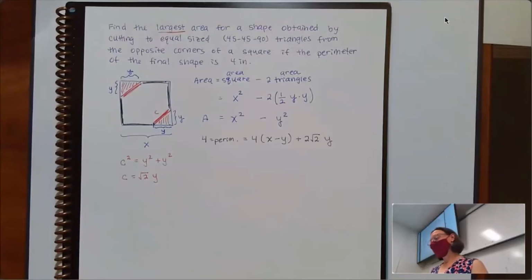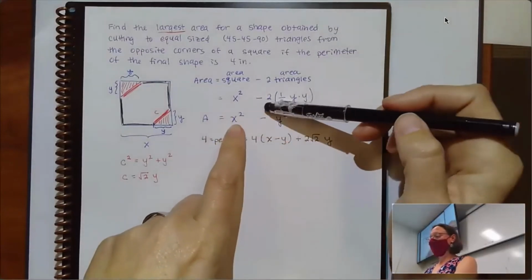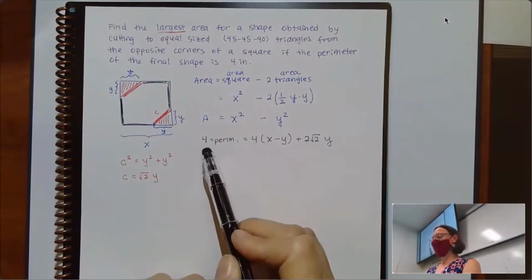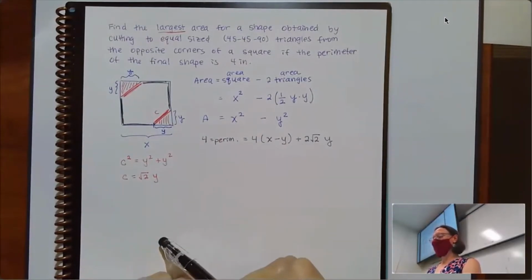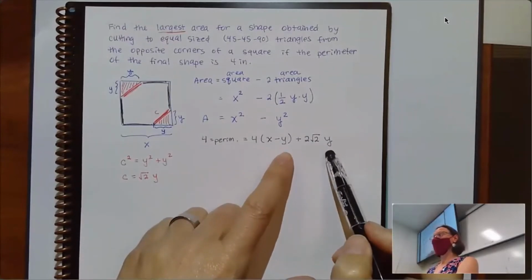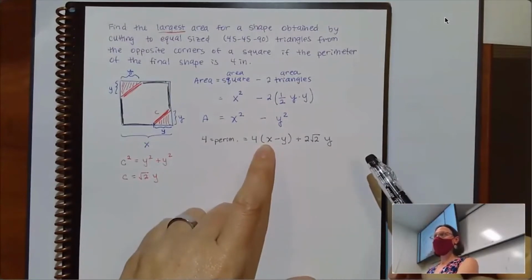Well, in terms of process on an optimization problem, I need to eliminate either the x or the y using this other equation that was equal to a constant. I've only got one thing with an x in it, and I've got 2 things with y's in them, so I'm going to choose to solve for x. It shouldn't really matter.